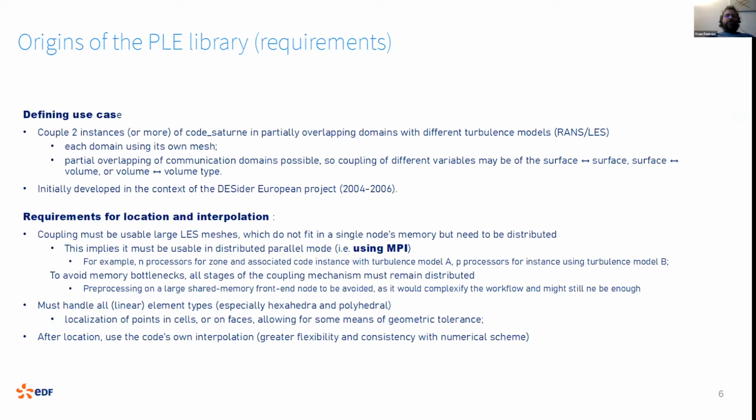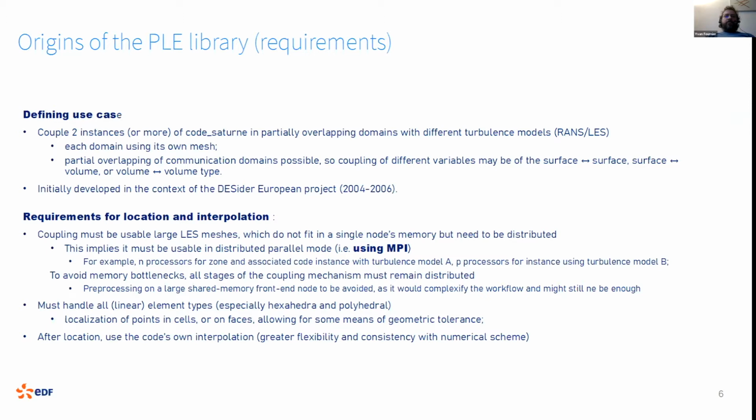That was also quite a strong constraint. To avoid bottlenecks, all stages of the coupling needed to remain distributed. So no central server, same as we've seen in the previous presentation, and handle all types of elements.